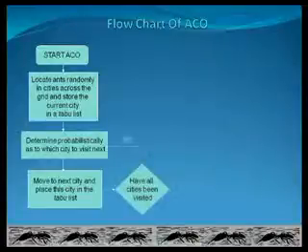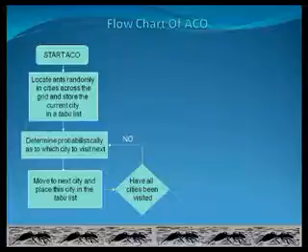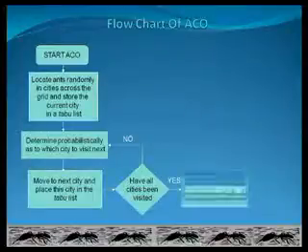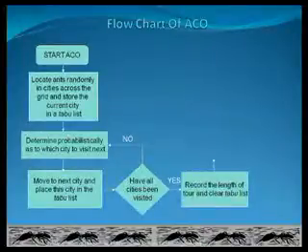If all cities have not been visited, again go to the second step to determine probabilistically as to which city to visit next. If all cities have been visited, then record the length of tour and clear taboo list.